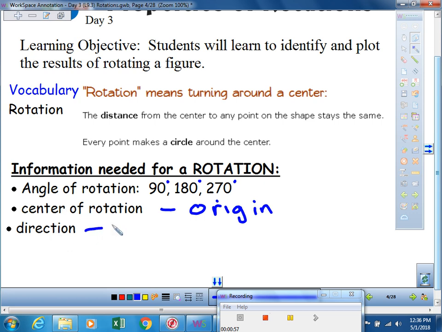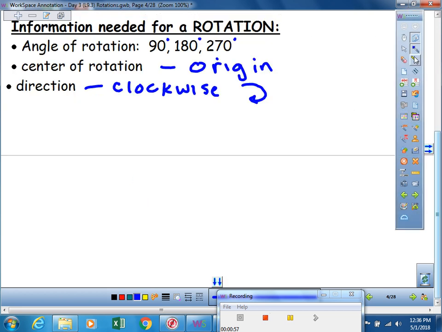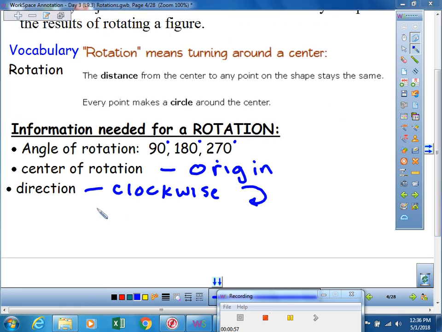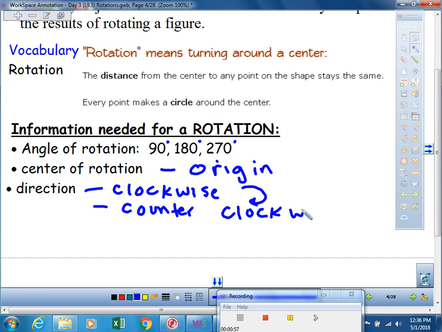And then the directions that we're going to turn are either clockwise, which is you turn to the right, so think of how the hands of a clock move, or counterclockwise, and that would just turn the opposite way.